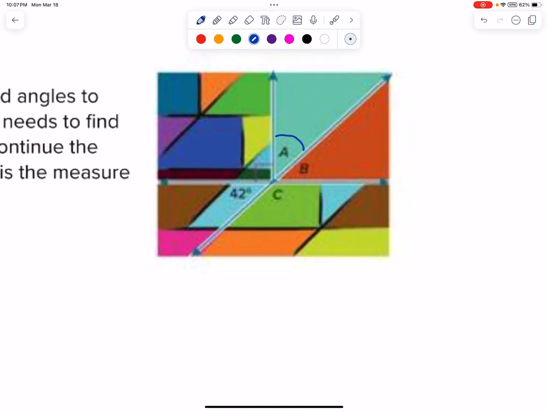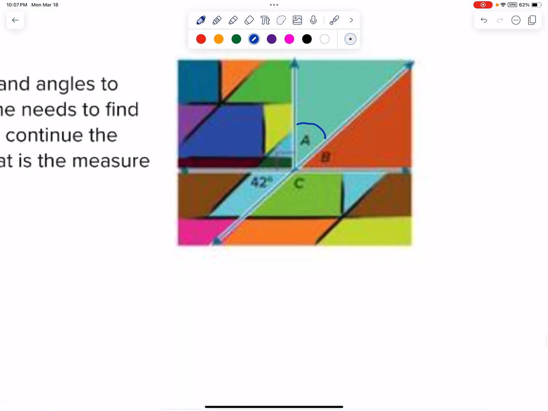So I love the thinking that they have us doing here. Okay, so you're going to use all of your information. One of the things that it's a little hard to see is, this is 90, okay? So now you start figuring out some things that you know or don't know. What's cool is there's a couple ways we can do this. Like some things I see is, I see the x here, right?